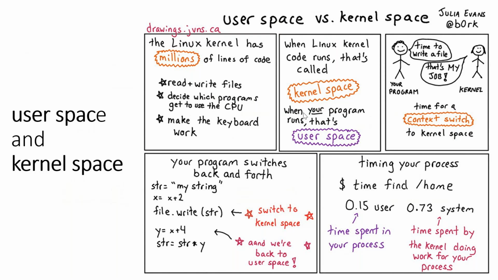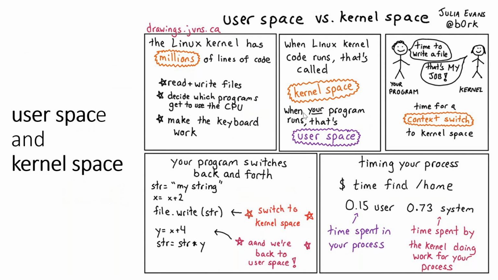So if you want to open a file, write a file, or run some commands, that will be done by the kernel, which is running in the kernel space. When your program moves to the kernel space, that's called context switching. It's time for a context switch to the kernel space.